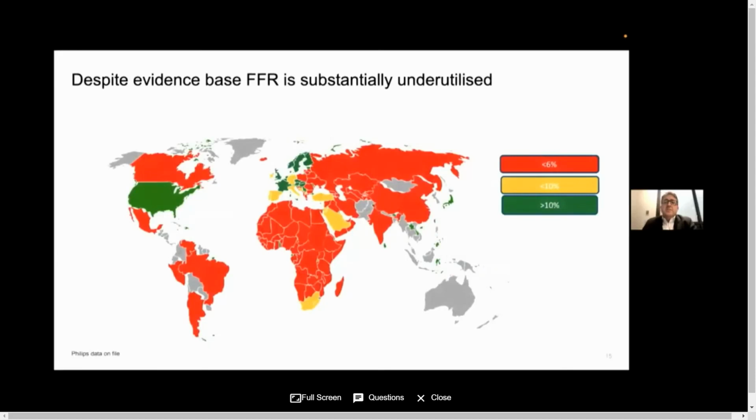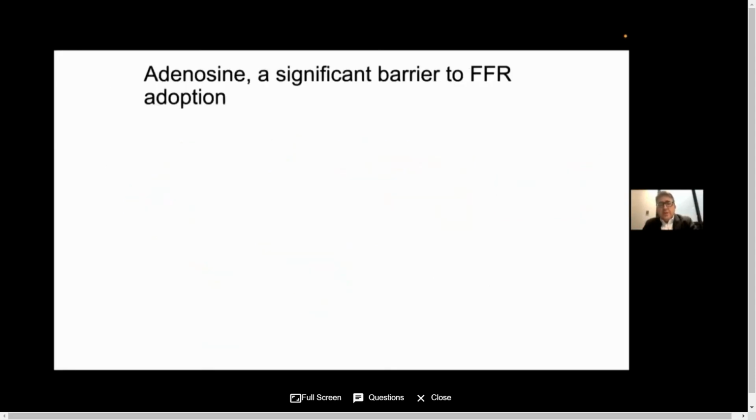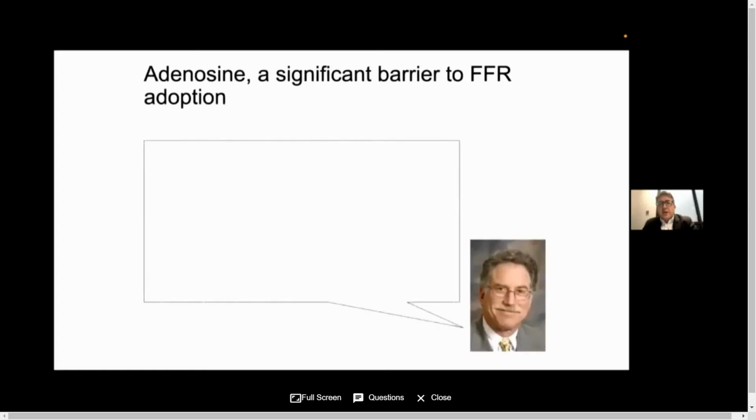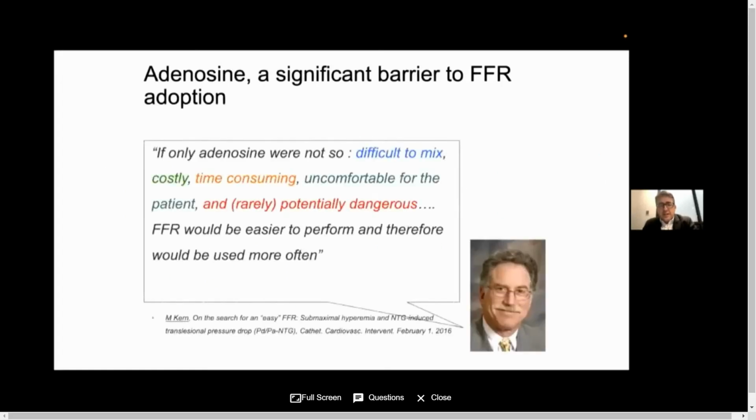Now, despite physiology with FFR giving us the RCT data needed to get clinical trial evidence and a guideline 1A classification, we know that the adoption until recently remained really low. And around 10 years ago, we introduced the iFR technique. It was first presented at TCT with the ADVISE study.